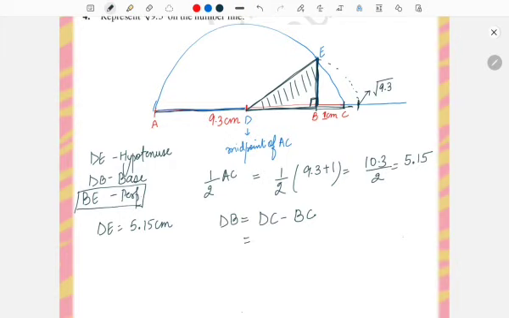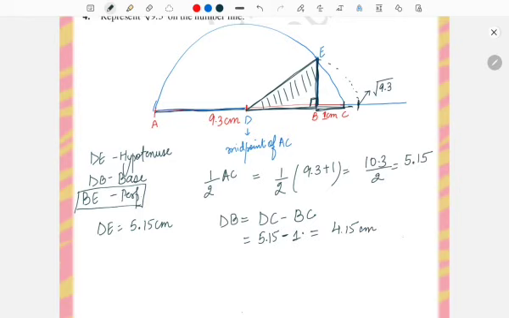What is the length of DC? It is again the radius of the semicircle, 5.15, minus BC, which was 1 centimeter, right? So it would be 4.15 centimeters, the length of DB.